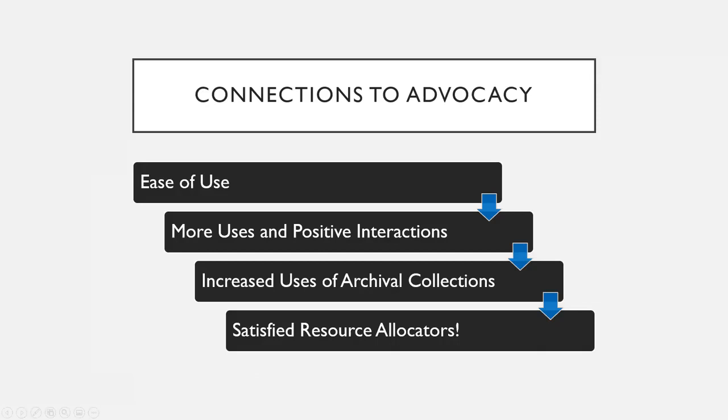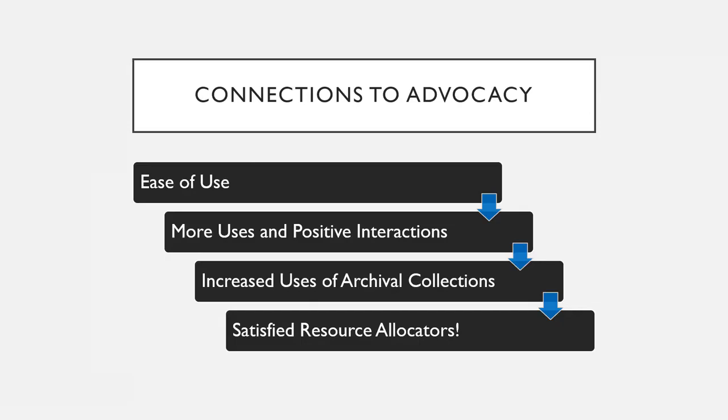So perfect online finding aids can be very supportive of archival advocacy. Finding aids that do adhere to standards and do meet researcher needs and researcher expectations are going to be easier for researchers to use.